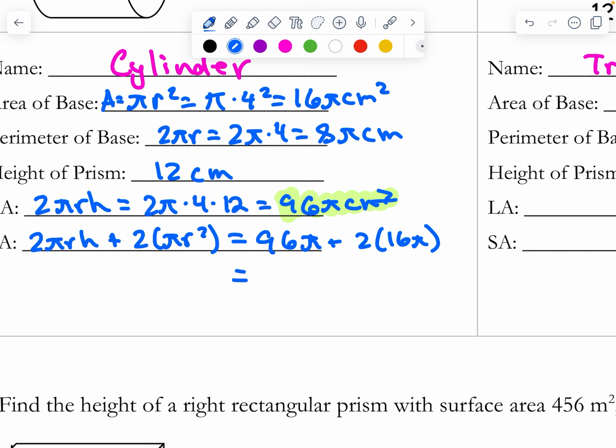So 96 pi plus 32 pi is going to give you 128 pi centimeters squared.